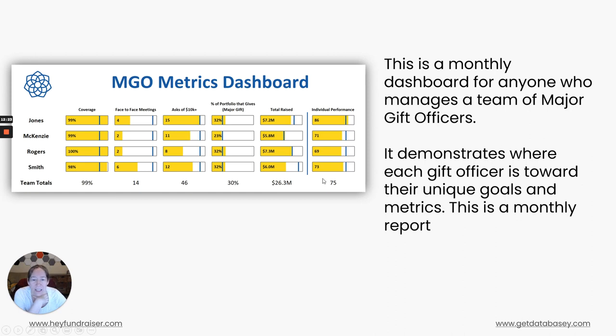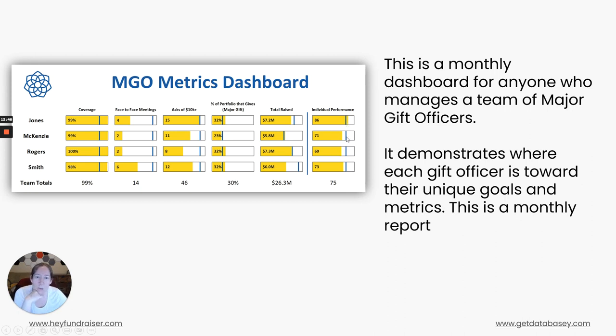And then I just put this in here. It's kind of like a balanced scorecard. So this tells us Jones's performance compared to what his or her metrics are. So it doesn't compare Jones to other gift officers. It really just compares Jones to his or her metrics.